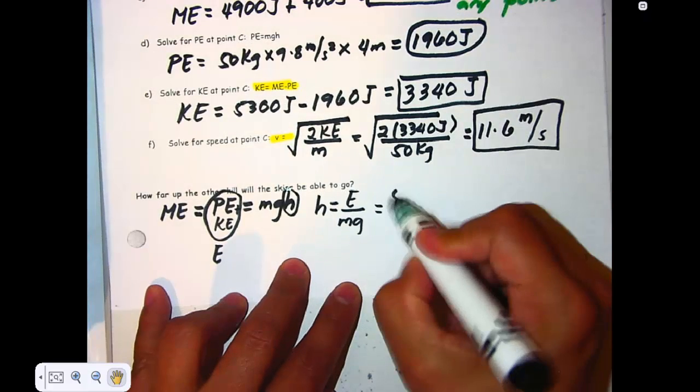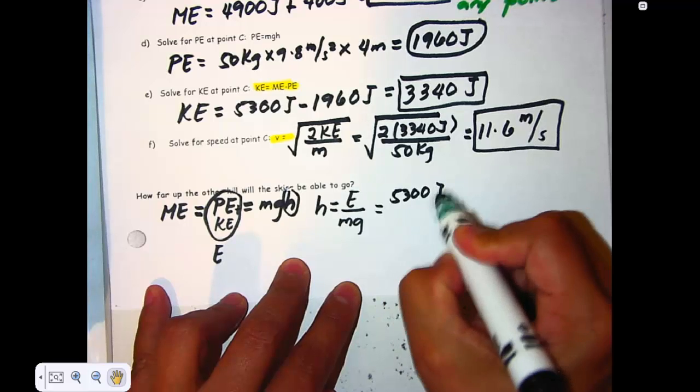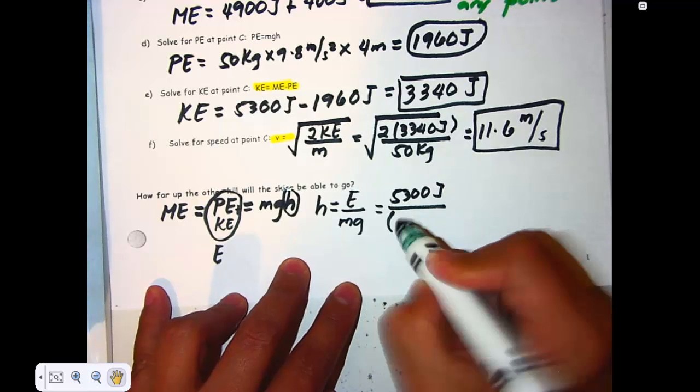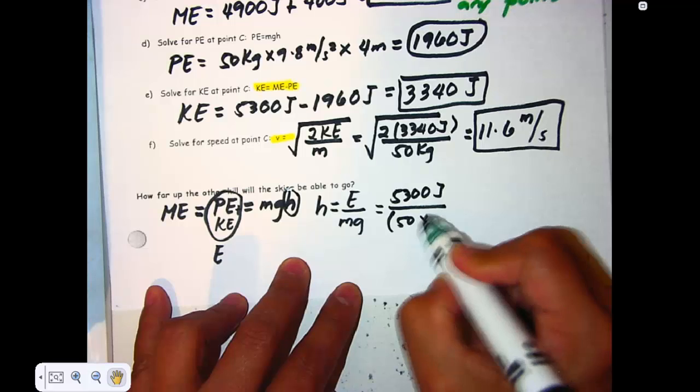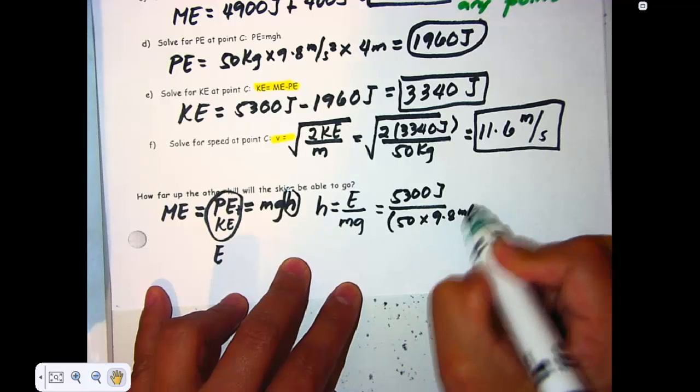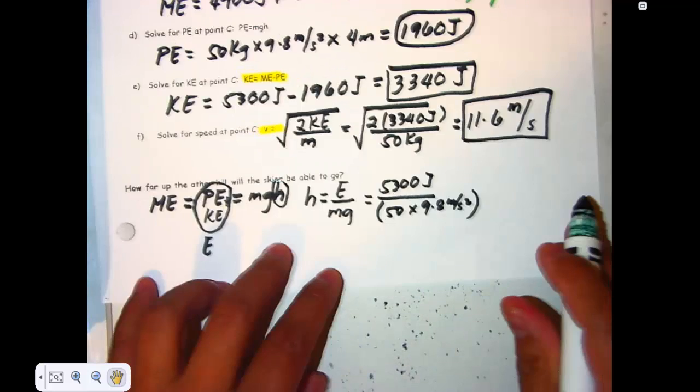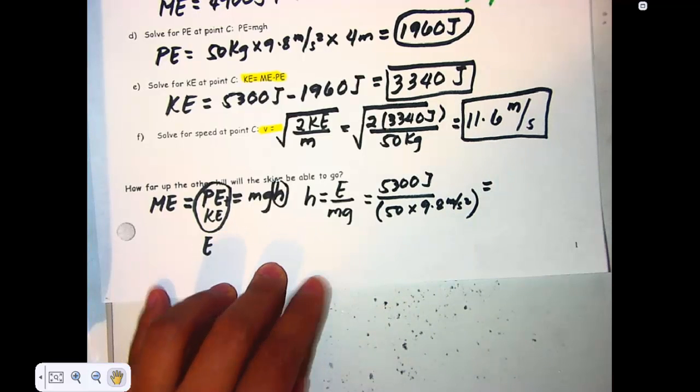So we go 5,300 joules divided by the mass, which is 50, times the G, which is 9.8 meters per second squared.